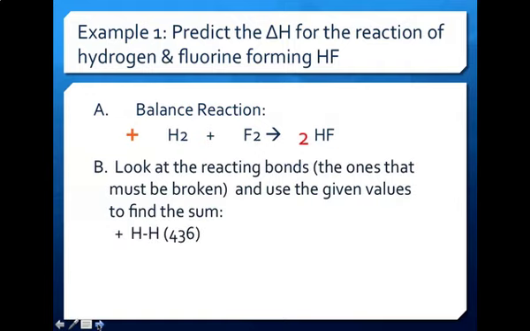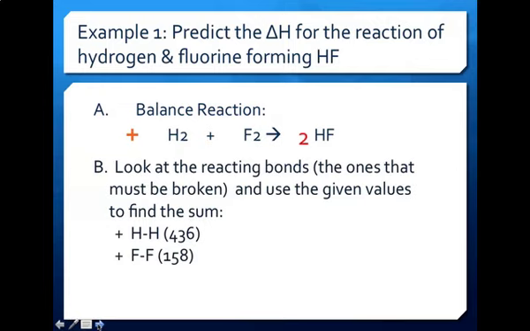An H bonded to an H, singly, which they always will be, has an energy value of 436 kilojoules per mole. Again, I'm getting that value from my data packet. So if you find a bond enthalpy page in your data packet and you look up HH single bond, it'll tell you that the value is 436 kilojoules per mole. I'm going to be adding that to this one. It's actually just there.